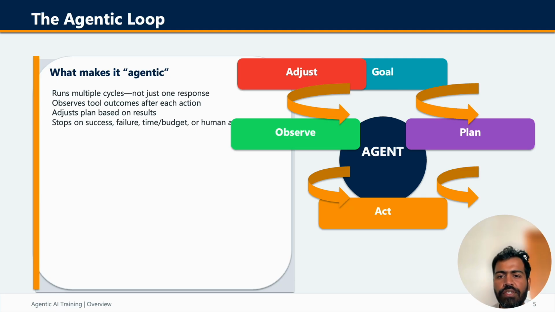Instead of trusting one generated answer, the agent can ground itself in tool output and validate before moving on. And the loop must have stop rules. A good agent knows when to stop: when it succeeds, when it fails, when it hits a limit, or when it needs human approval.